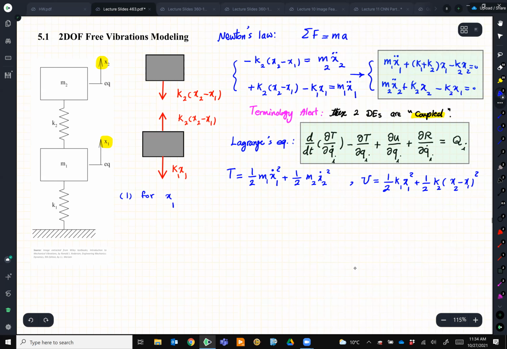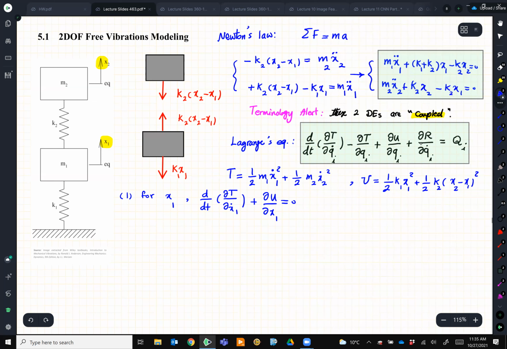For x1, my equation will be d/dt of the derivative of T with respect to x dot 1 plus the derivative of U with respect to x1 is equal to 0. I didn't write the rest of the terms because they will be 0. We don't have any external load.